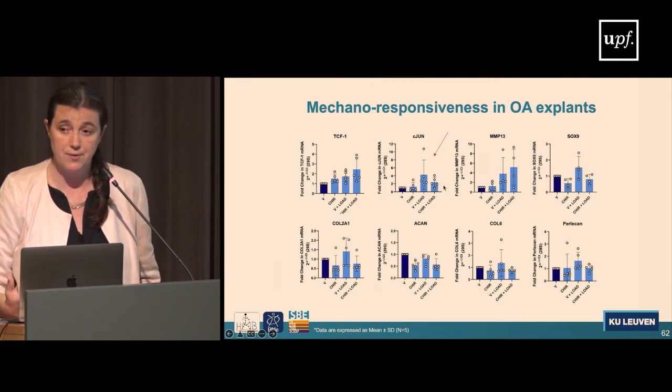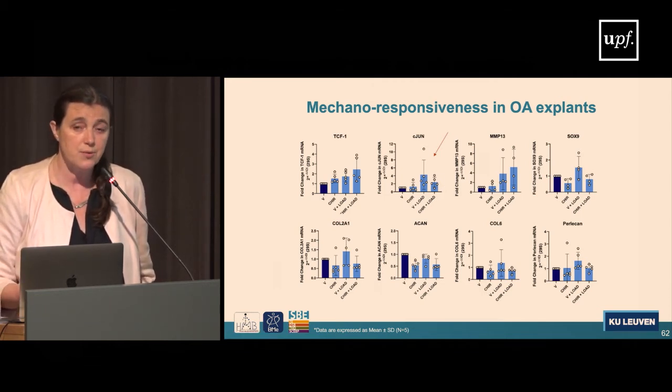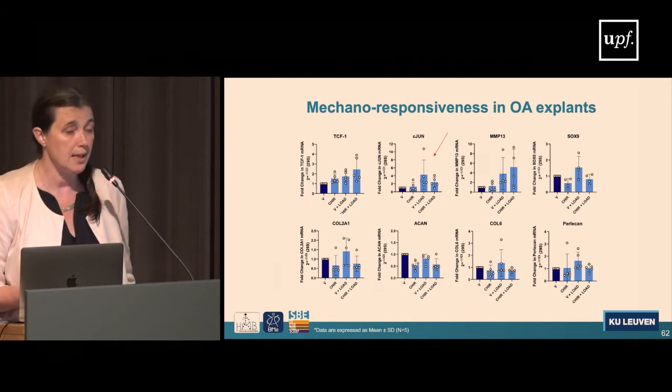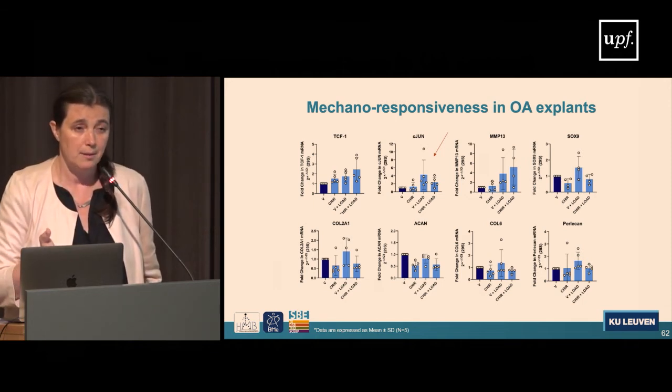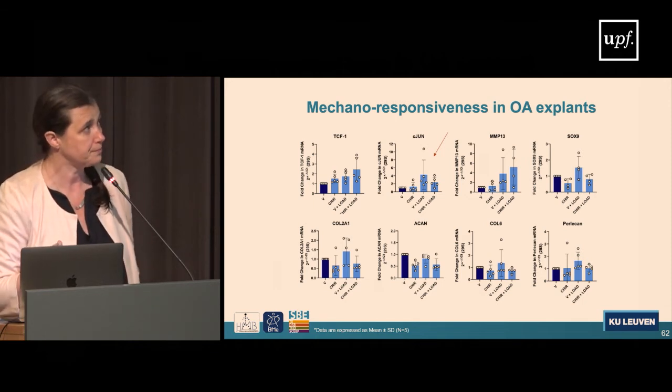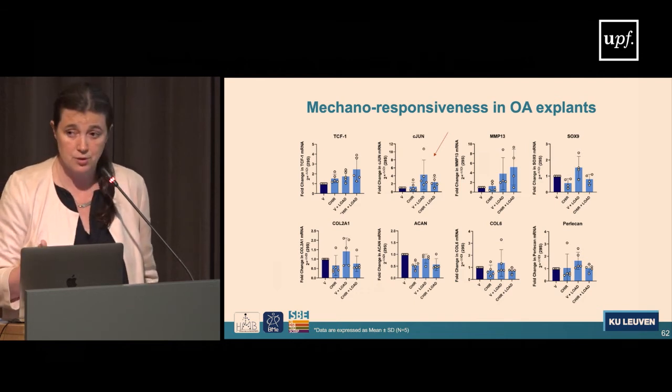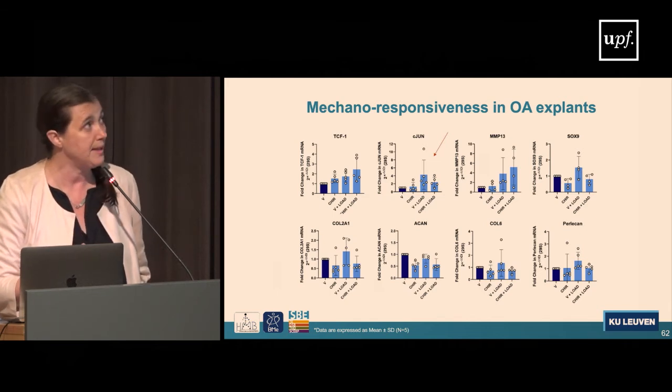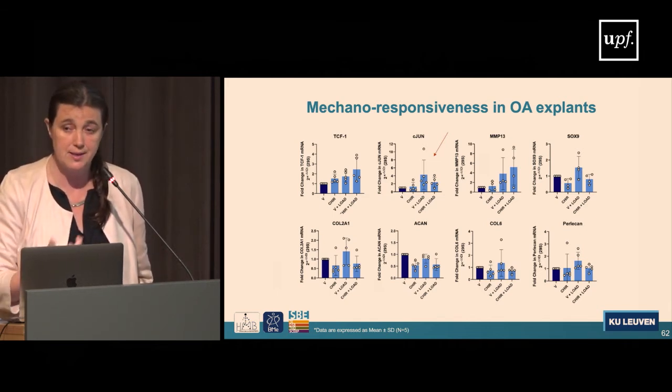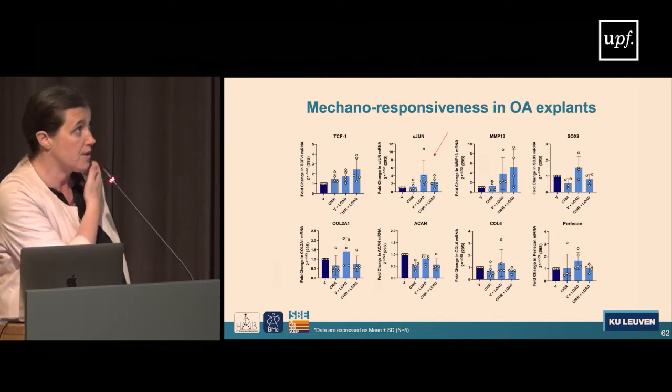and the bar next to it is the mechanically stimulated cartilage with Wnt hyperactivation. So in the presence of Wnt hyperactivation, we see that the mechanical stimulation of the C-Jun gene is reduced. So Wnt hyperactivation seems to impede the mechanosensitive behavior of the chondrocyte.